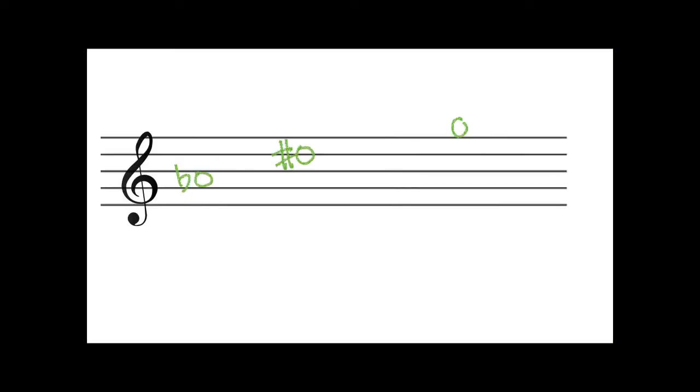Let's take a look at how notes represent themselves on the staff versus representation if we're labeling them with a letter and an accidental. You'll notice that on the staff we have four different pitches: A flat, D sharp, G flat, and F sharp.